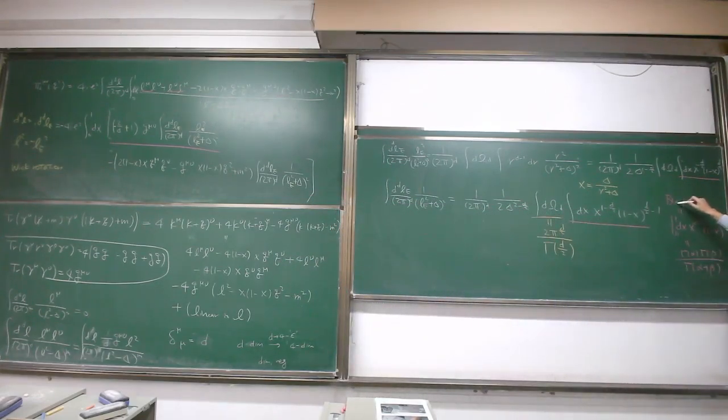So now here alpha is equal to minus d over 2, and beta is equal to 3d over 2, and just use this one. Correct.